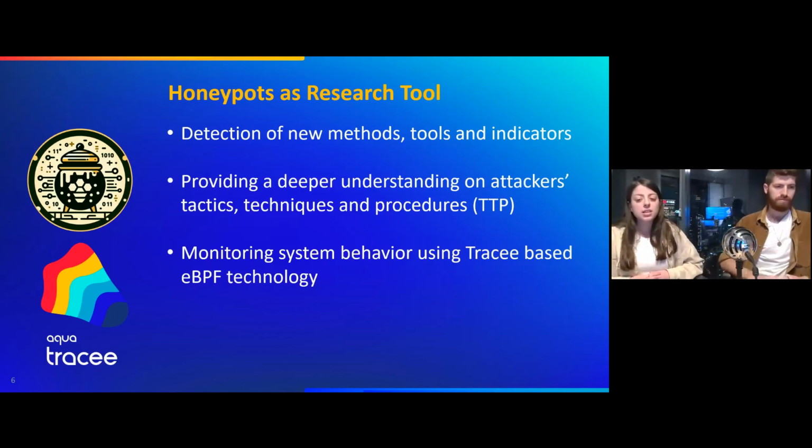As you can see, it allows us to detect new methods and tools used by the attackers, which provides us information about immediate threats such as new malware, and it also provides us indication of malicious indicators associated with the attackers, such as IP addresses, domains, and hashes.